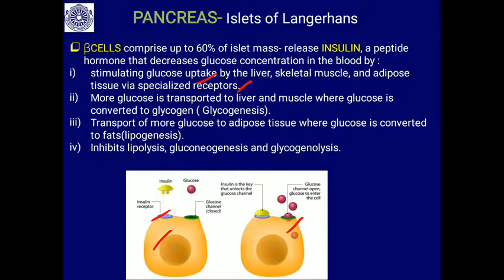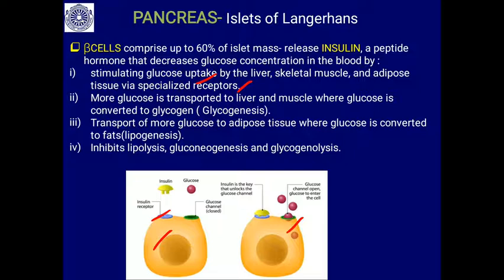So, the body cannot keep more glucose in the plasma. The excess glucose is converted into glycogen and gets stored in the liver and skeletal muscles.